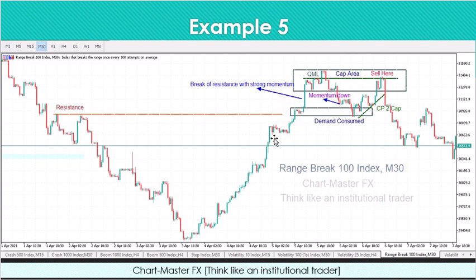So in this example number 5, you can see that as the base was created here, the price went up with great momentum. As the price went up with great momentum guys, we have our cap area.